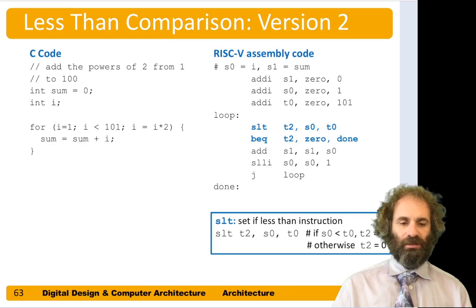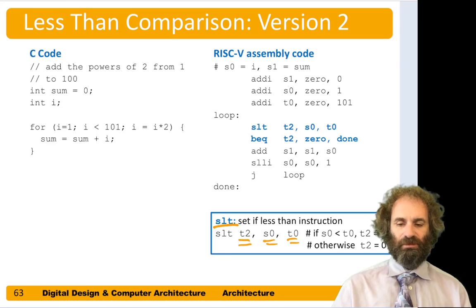There's another instruction in RISC-V assembly that's handy to know. It's the set less than instruction, and it compares two numbers, and then it puts a bit into the result, the destination register. That's 0 if the first thing is not less than. It's 1 if this first thing is less than the second source.